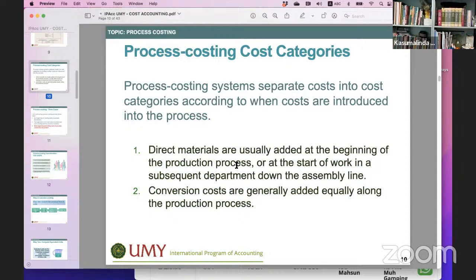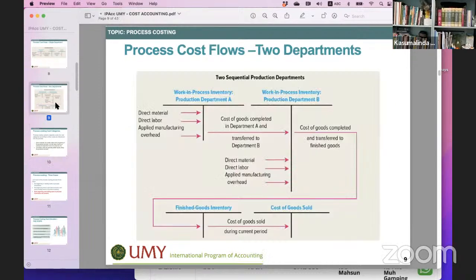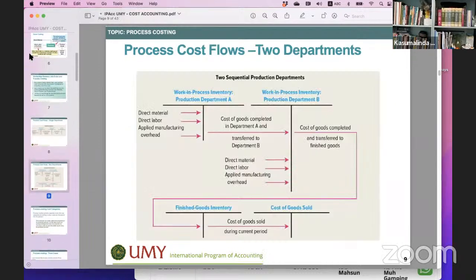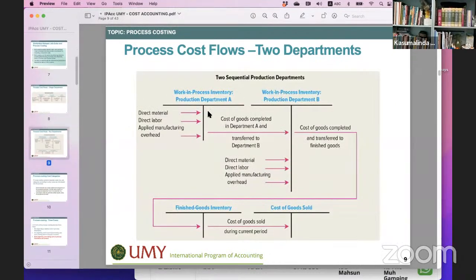The direct materials are usually added at the beginning of the production process or at the start of work in a subsequent department down the assembly line. Okay, for example, I'll show you the diagram just now, for the 2 departments.